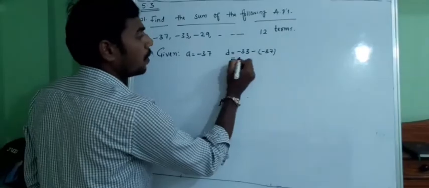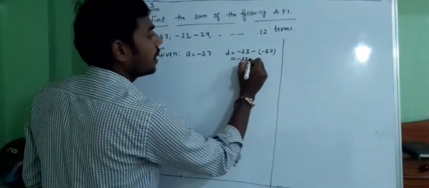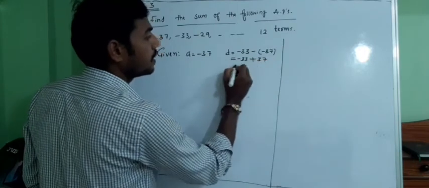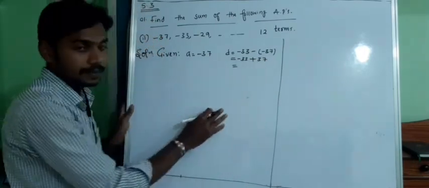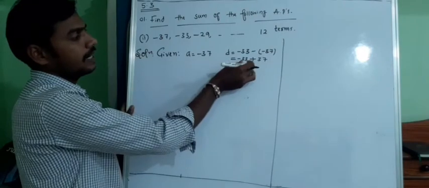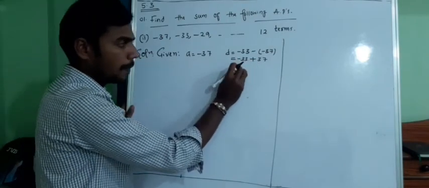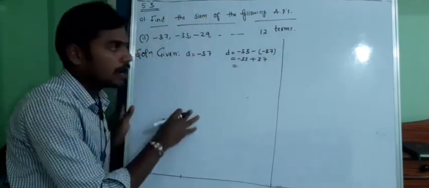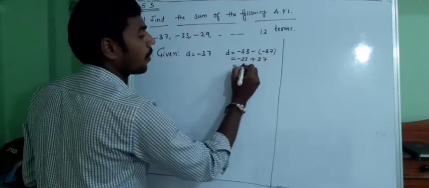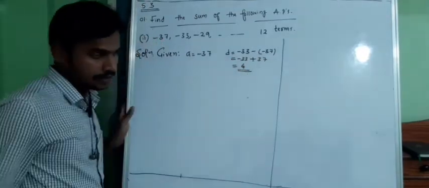Now, minus 33, succeeding term minus preceding term, will give me D. So, which is equal to minus 33 plus 37. Which sign is greater? Positive is greater. I need to take the greater number minus the smaller number: 37 minus 33. Basics of integers.